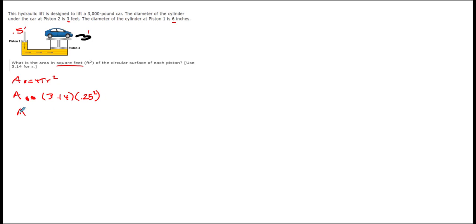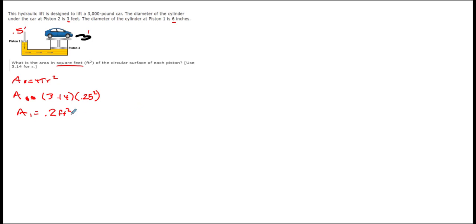And that means that the area of piston 1 is 3.14 times 0.25 squared, which is 0.19625, so let's just say 0.2 feet squared.